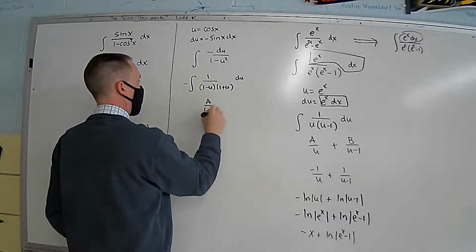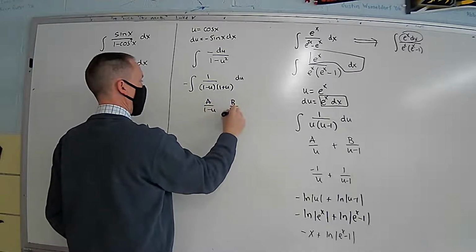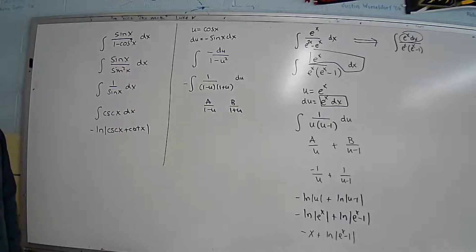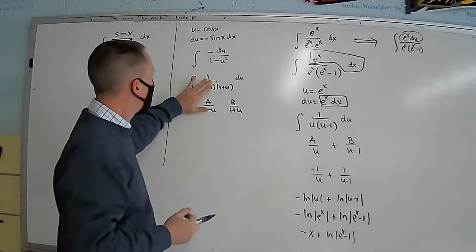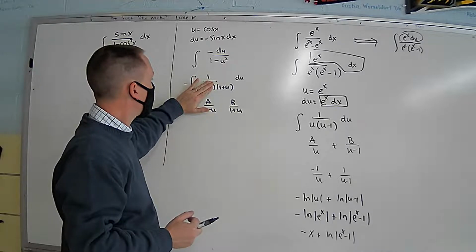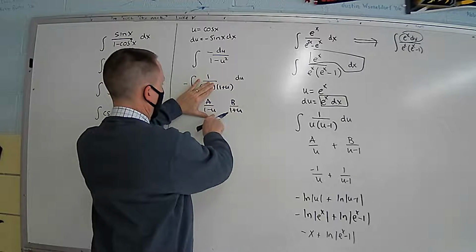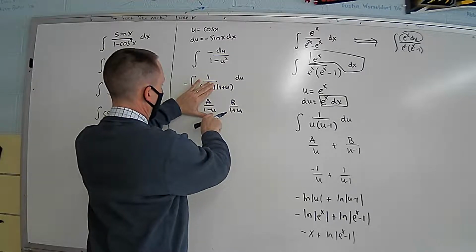A over 1 minus u, b over 1 plus u. So what's a? So use the partial fractions there. What's a? So, well, what makes that 0? 1, right?